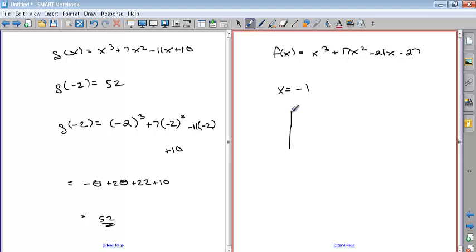So what we would do is we could use synthetic division on the original expression. I keep wanting to put a 1 there, but there is no 1. It's just 7, minus 21, minus 27. x equals negative 1.